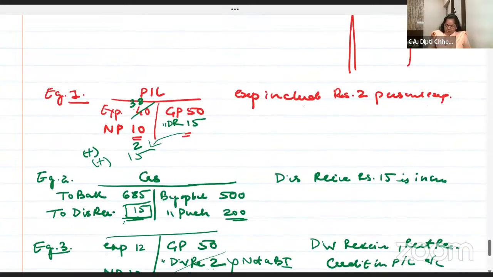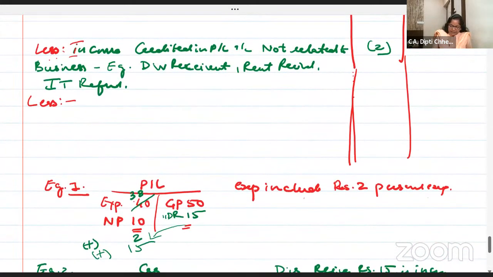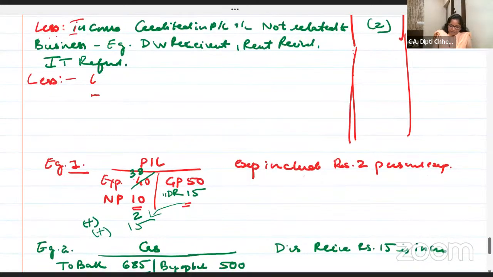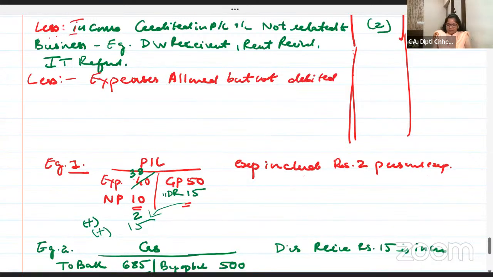So this is the last one, which says that expenses allowed but not debited. Now debit. So less. ऐसे ही लिखना है एग्जाम में नहीं.